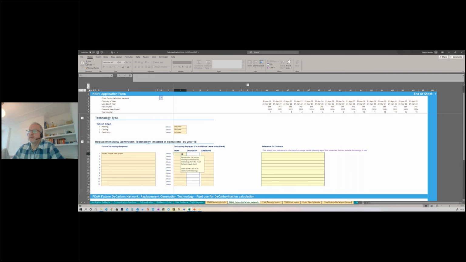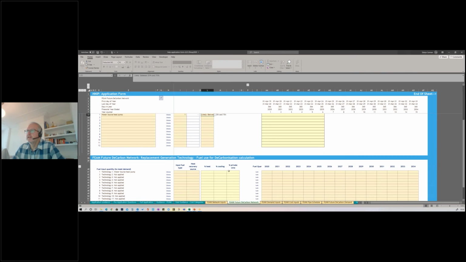If your scheme technology, your gas CHP, was the first technology in the theme network input sheet, you'd say it was technology number 1, and then you say what the likelihood is of its replacement from a drop-down menu, and then you say what the fuel usage is for that alternative energy source.